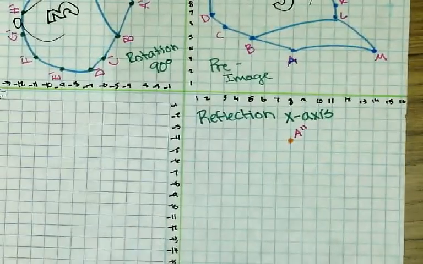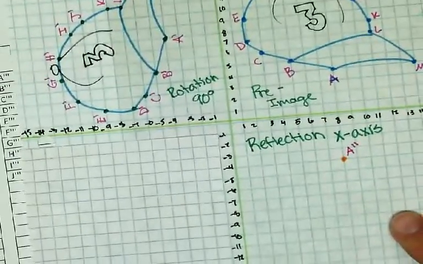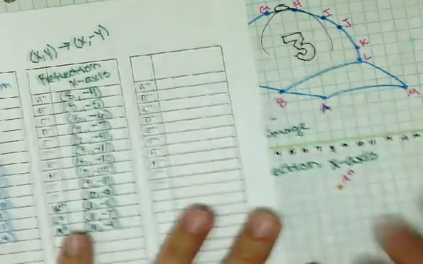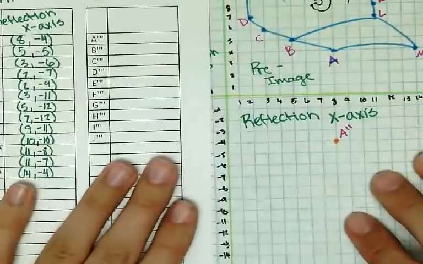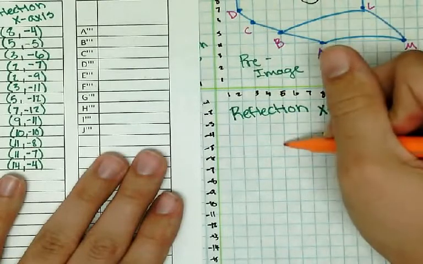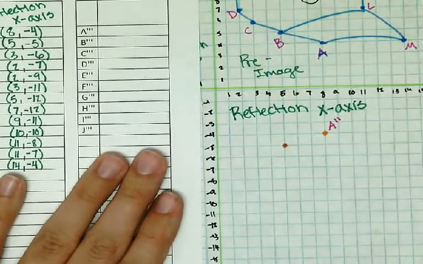A double prime, okay? Our next letter, we have 5, negative 5. There we go. So here's B double prime.